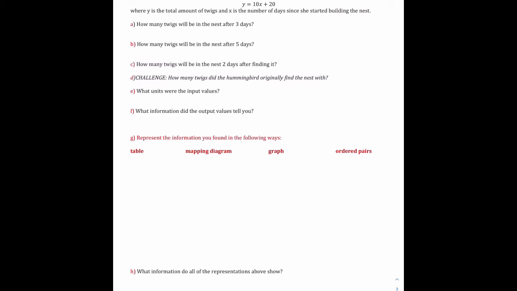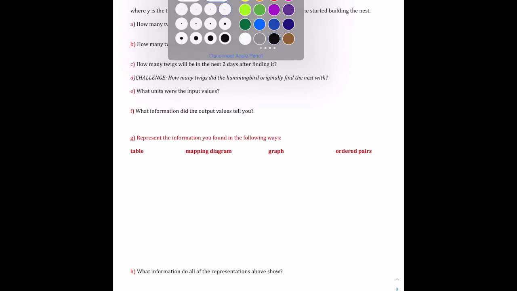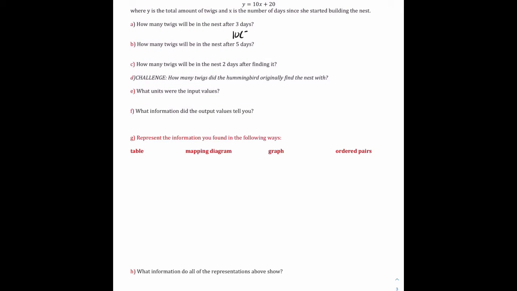Okay, so if we go through these answers, we're talking about a hummingbird adding twigs to their nest. So after 3 days, you should get 50. After 5 days, you should get 70 twigs.